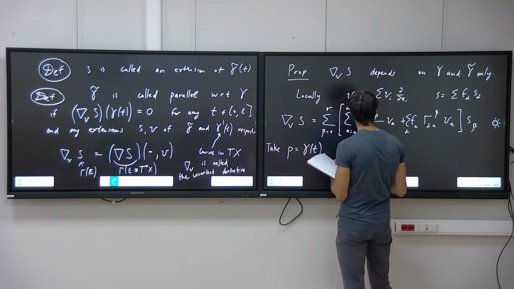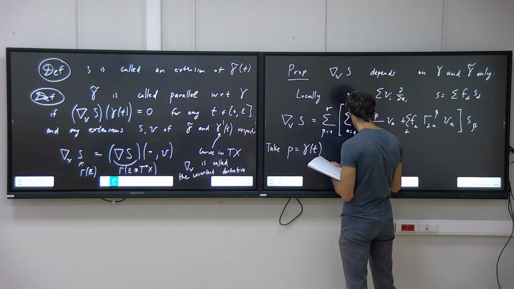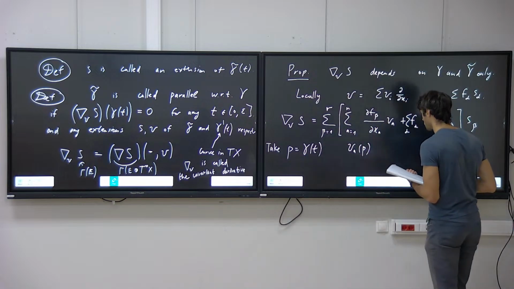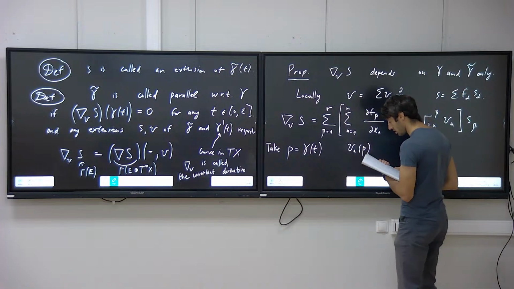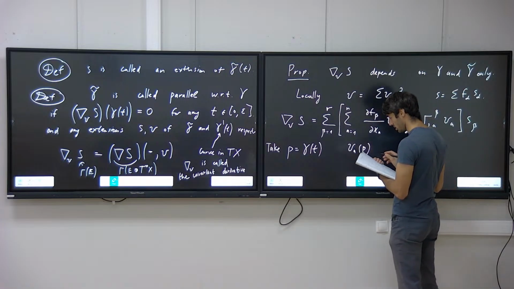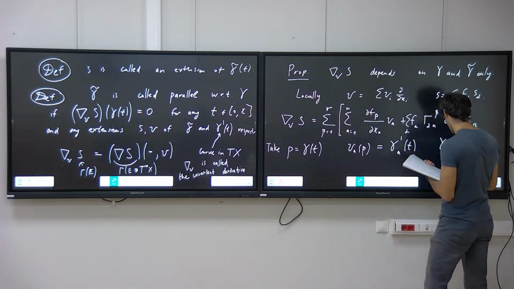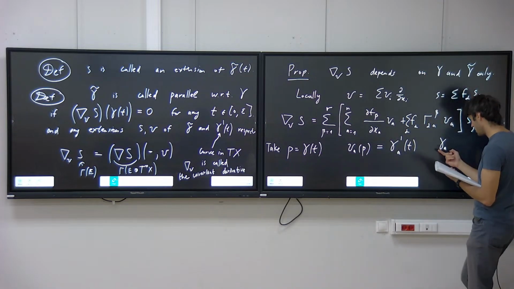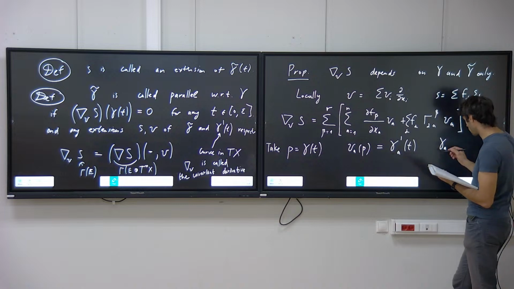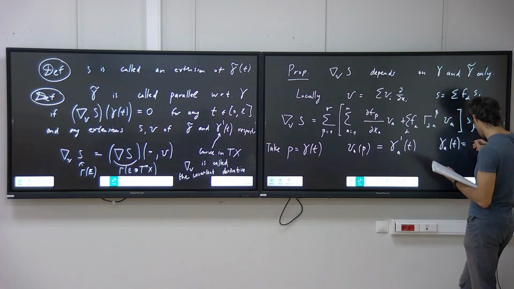Then I have VA of P. I will have in this expression... So this is actually, I can write gamma A prime of t, where gamma A are components of my curve gamma in this map.